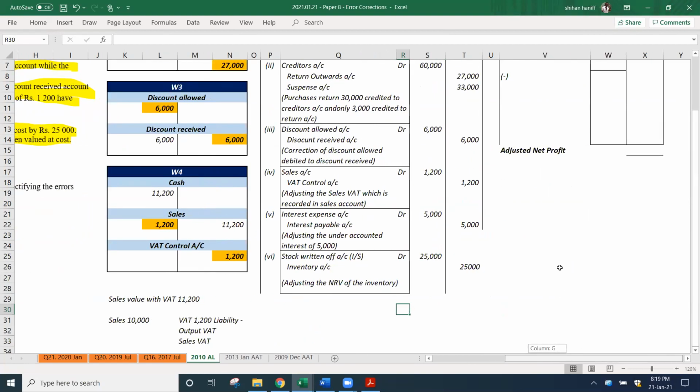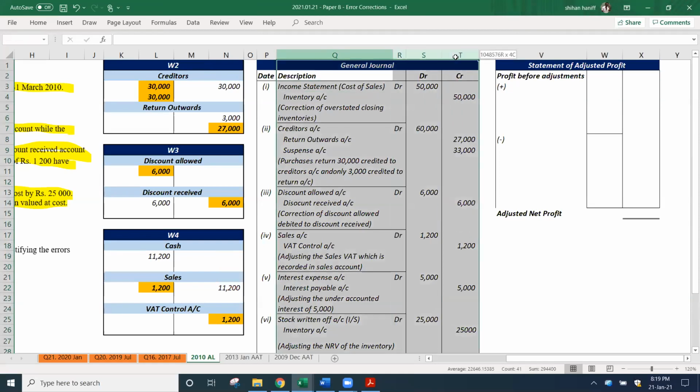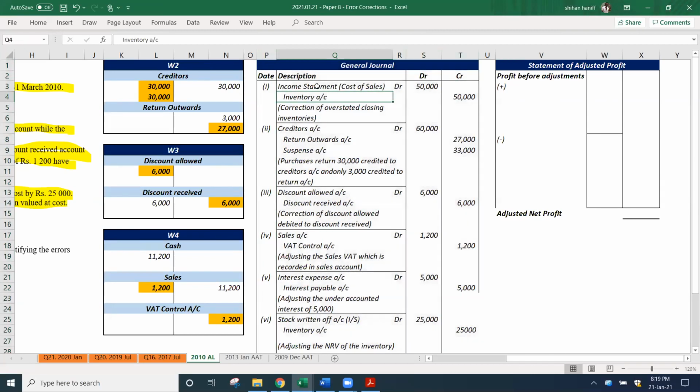Now we need to prepare the statement of adjusted profit. So as I said earlier, this is a simple thing. There are two steps. First, identify the income or expenses which is in the general journal, or the amounts which go to the income statement. 50,000.